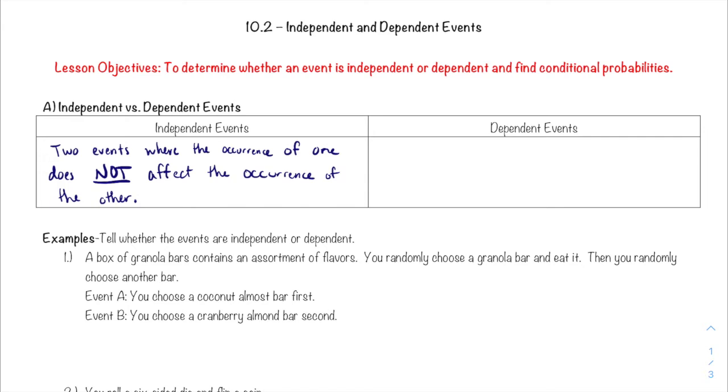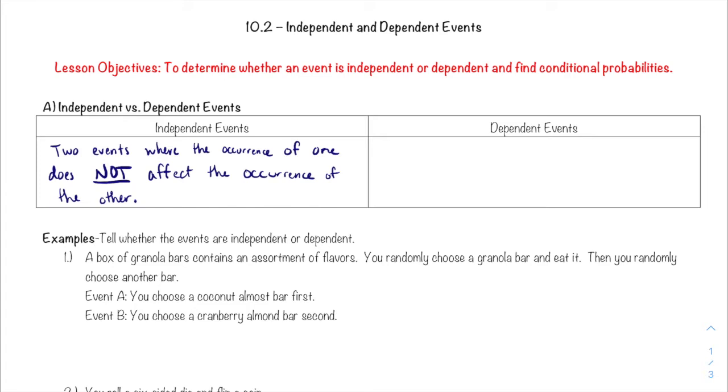So if I were to run a sprint and then I was supposed to throw discus, it wouldn't matter how well I did in the sprinting event on how I might do on the throwing event. So those would be independent events.